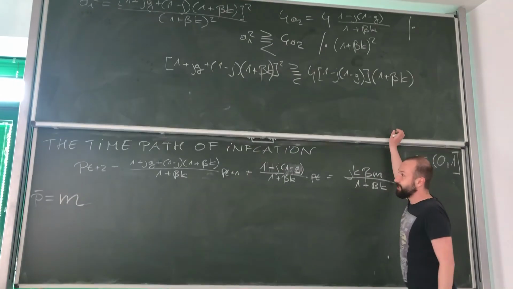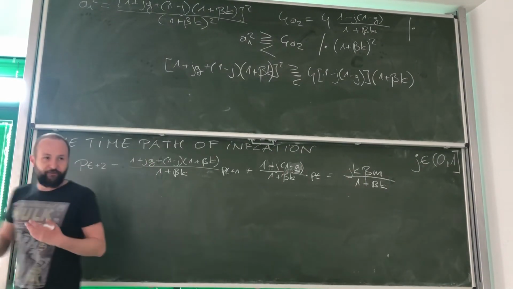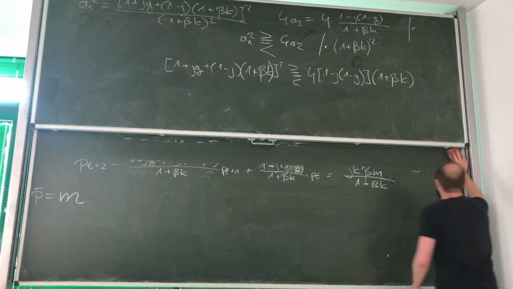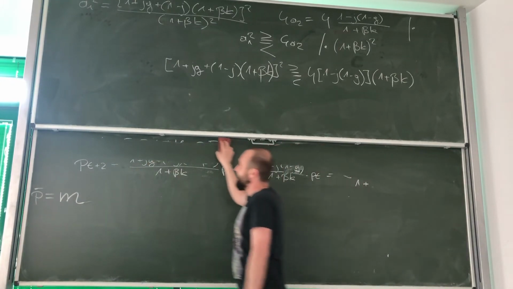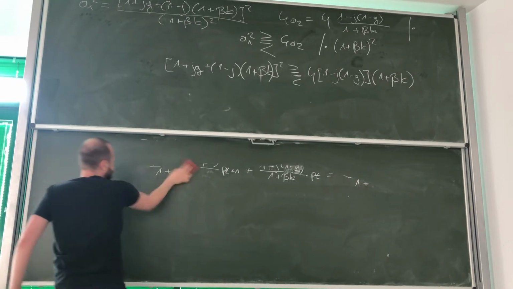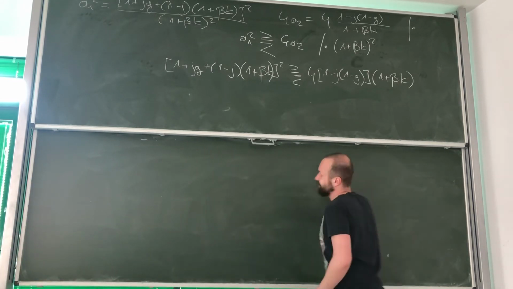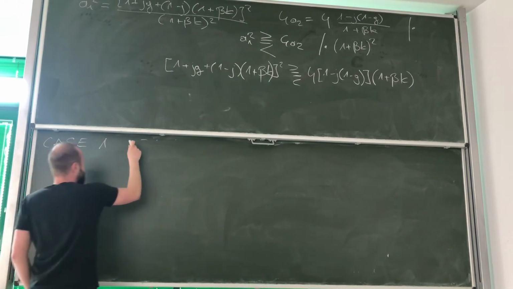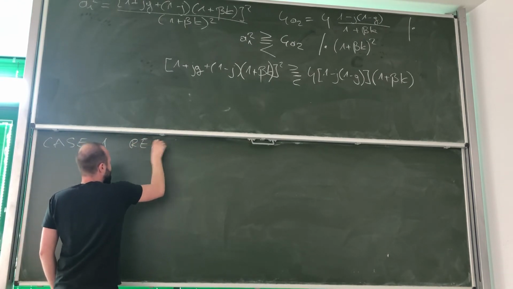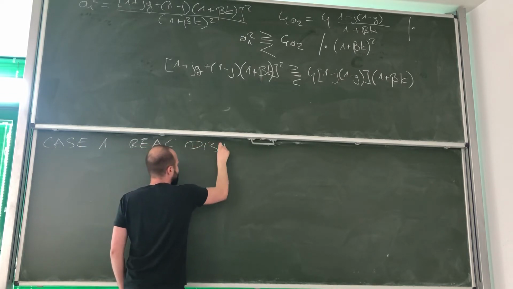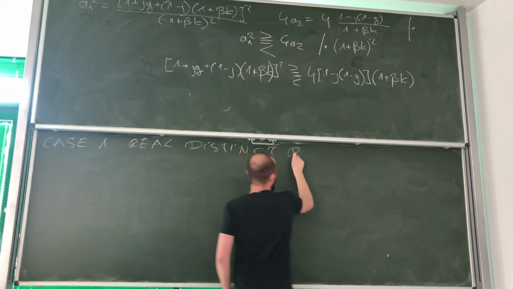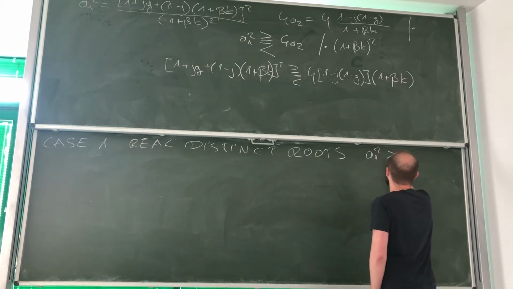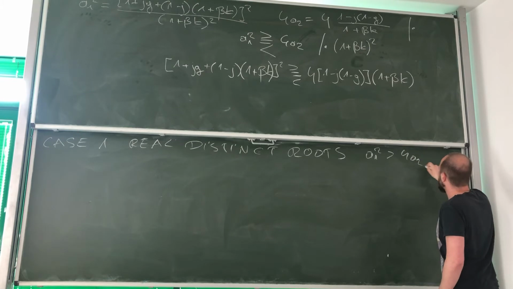Okay, so let's start with the first possibility that usually causes the most issues. And so we're talking of course about case number 1. So we will have real, distinct roots. So what would happen if a1 squared would be bigger than 4a2?